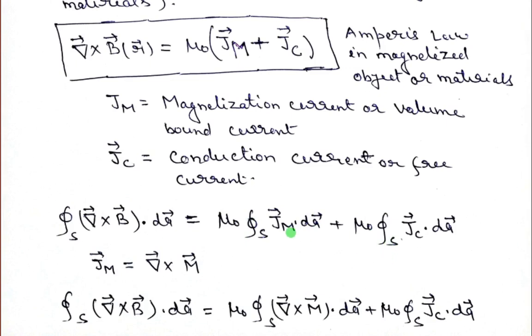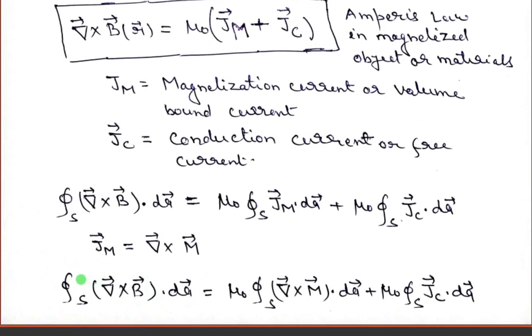We defined earlier that JM is equal to del cross M. So we get the surface integral of del cross B dot dA equal to mu 0 surface integral del cross M dot dA plus mu 0 surface integral JC dot dA.